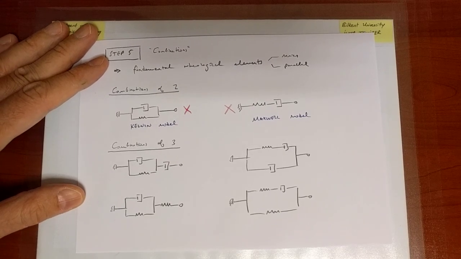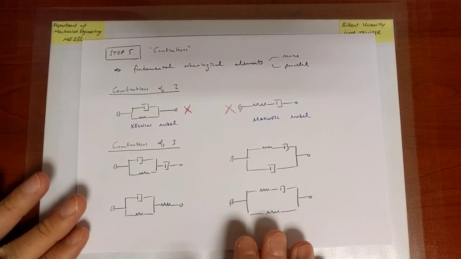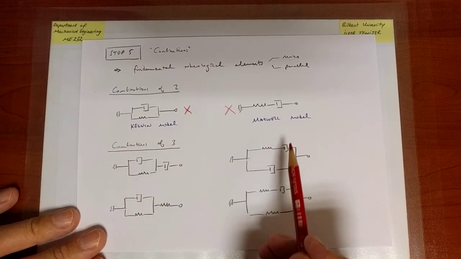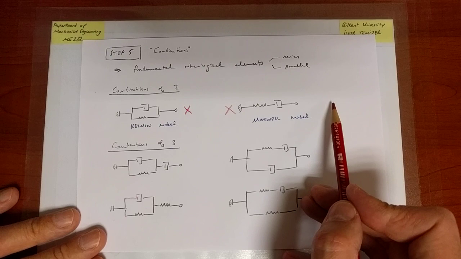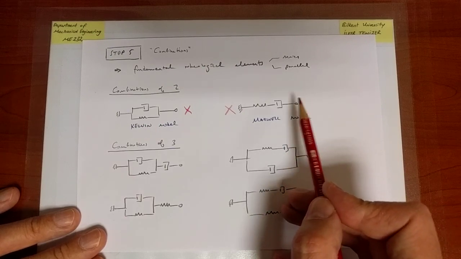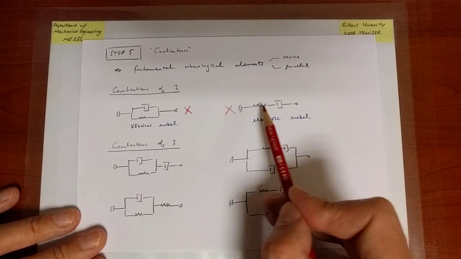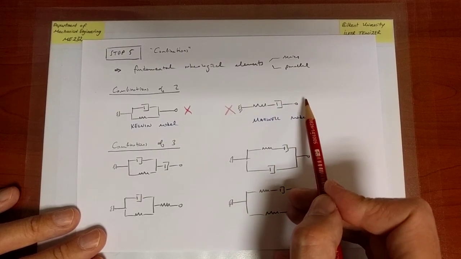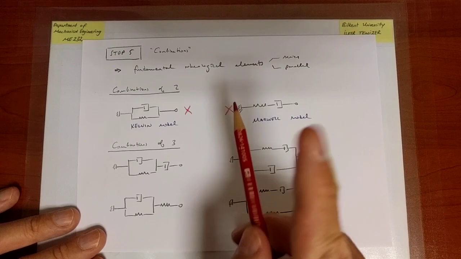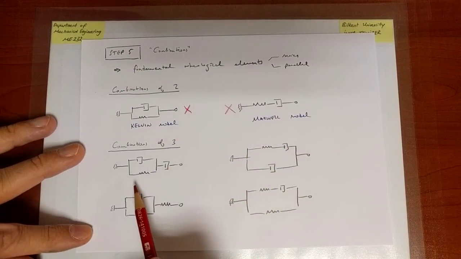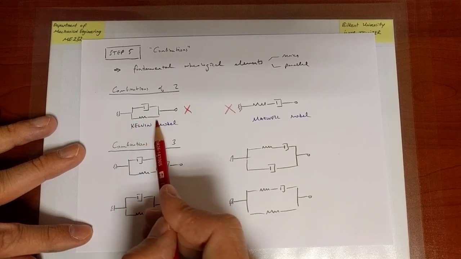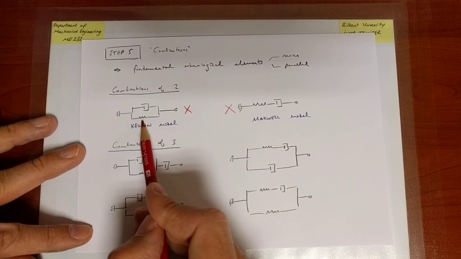Now, first you might ask, why only those 4? Why don't I take a Maxwell model and not add something in series? Well, because if you add a spring in series, the 2 springs would effectively act as 1 spring, or if you add a dashpot, you would effectively have 2 dashpots acting effectively as 1 dashpot. Now, similarly, if you go back here, instead of adding something in series, if you want to add something in parallel, if you add a spring, you can combine these 2 into a single spring.